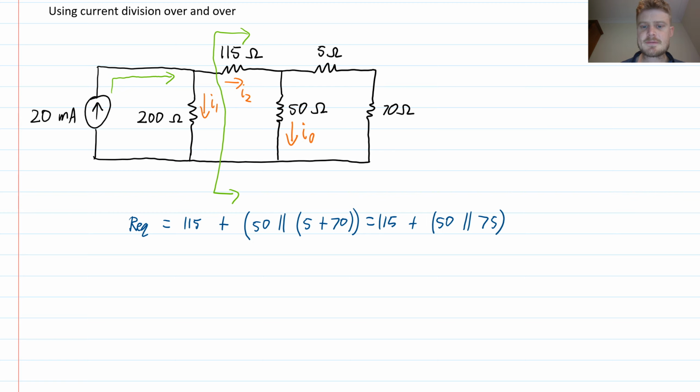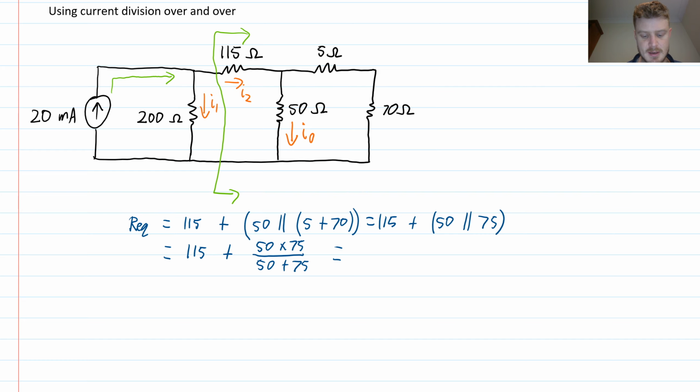And now for the case of two resistors in parallel, we have a nice simple formula for that one. So it is the product divided by the sum. So that's 50 times 75 divided by 50 plus 75. And so I get out my calculator and analyze these values.